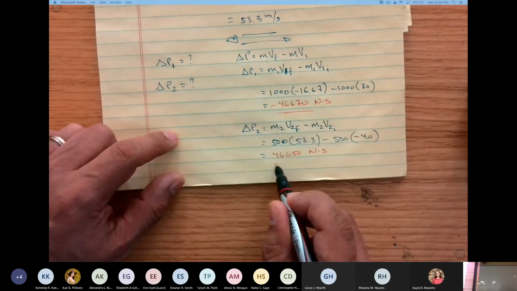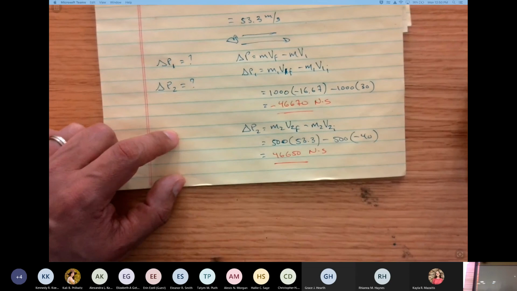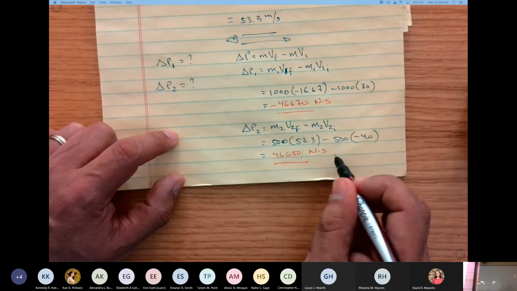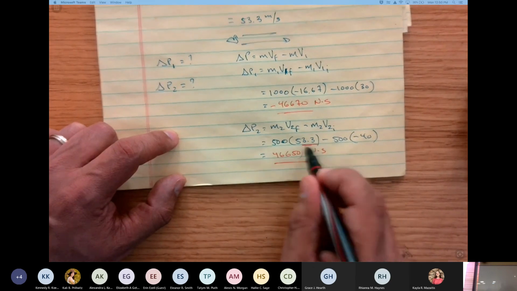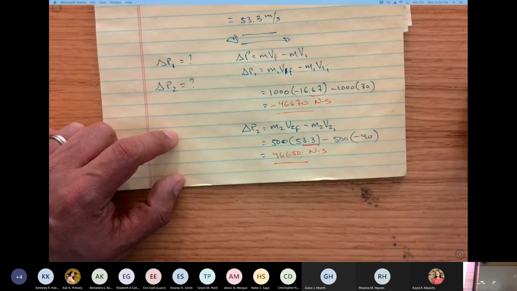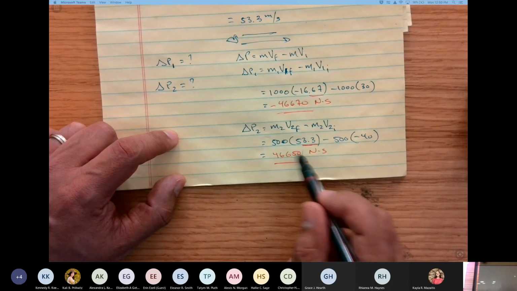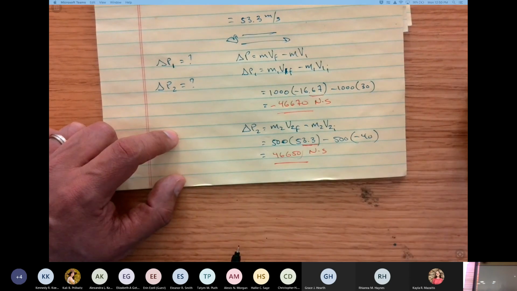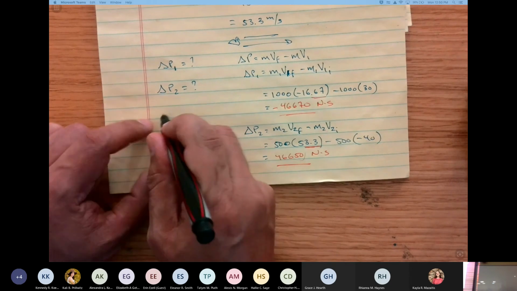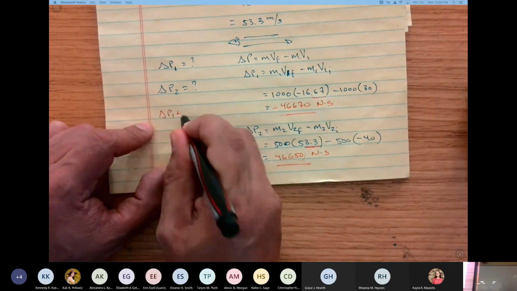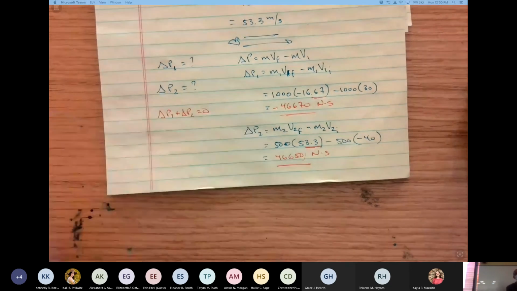There's a difference of 20 Newton seconds, but that's probably because we are truncating these results and not using the whole decimal. If you add the change in momentum of 1 plus the change in momentum of 2, it's going to be equal to 0. So we indeed have conservation of momentum.